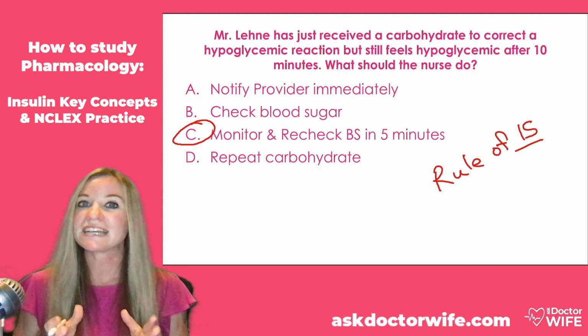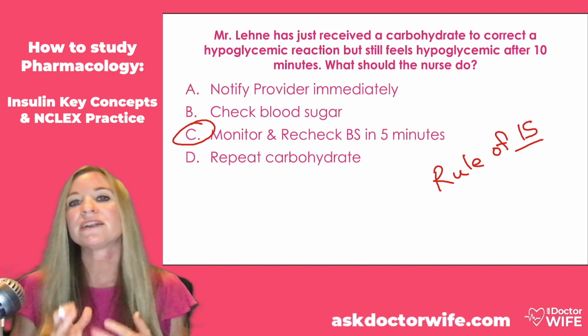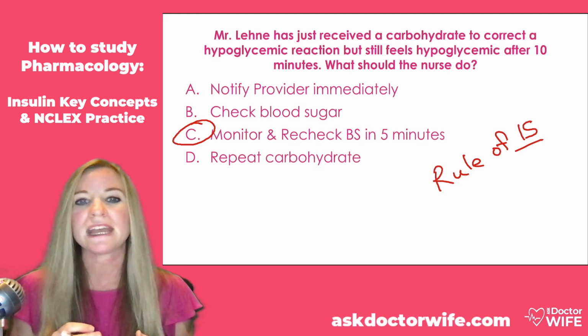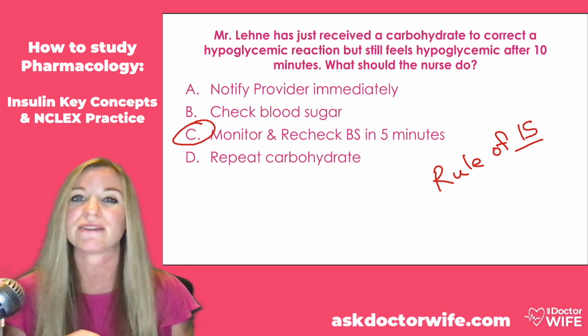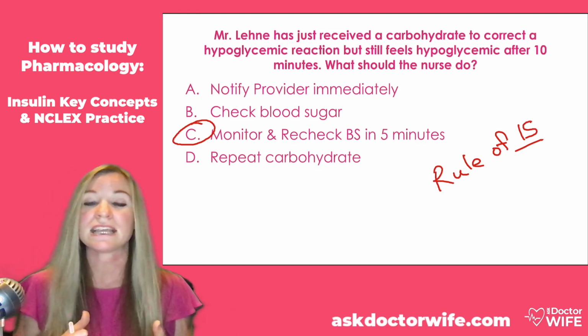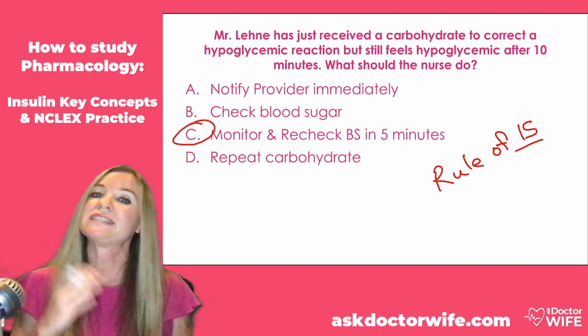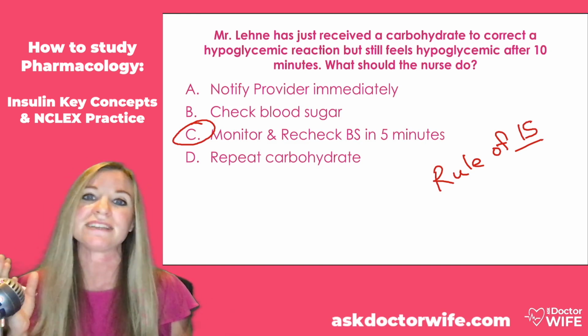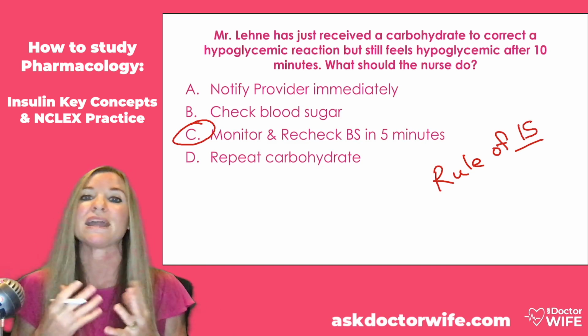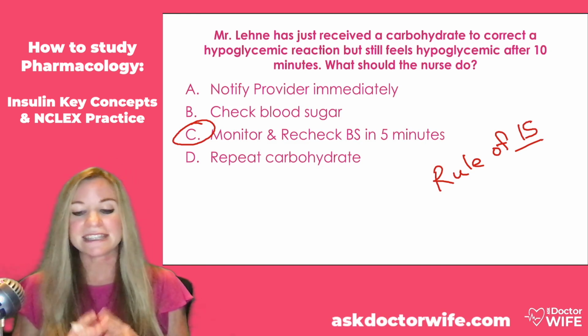So the correct answer here is C, monitor that patient for just a few more minutes and recheck the blood sugar in 5 minutes to see what it is. At that point, if it's low, you can repeat the carbohydrate, but if it's high, well, then you haven't given him another carbohydrate and made it worse. So that is the best response.